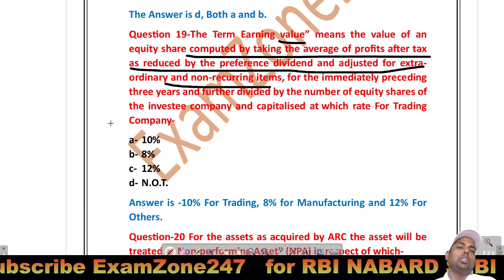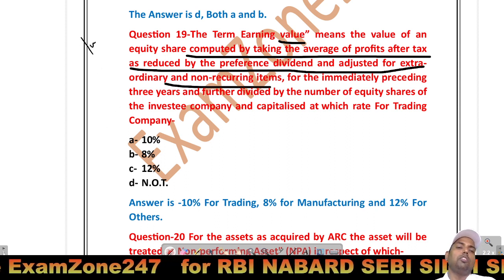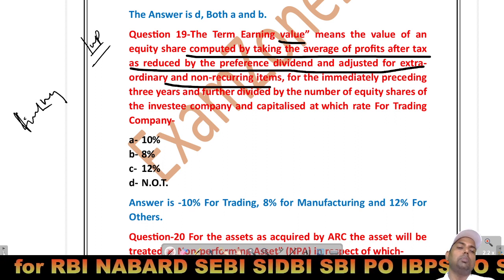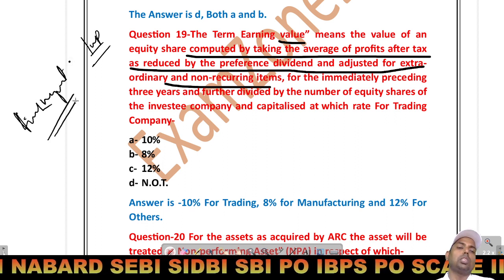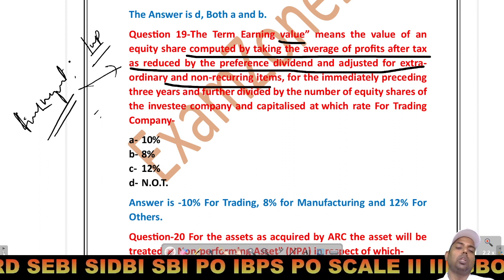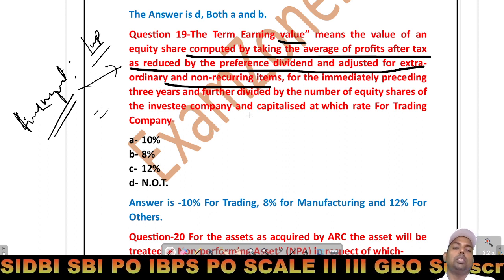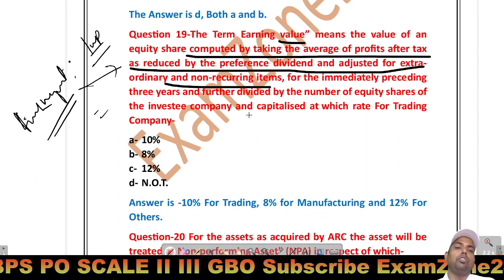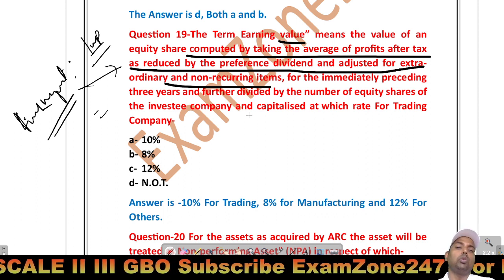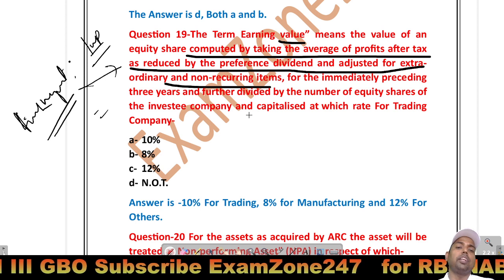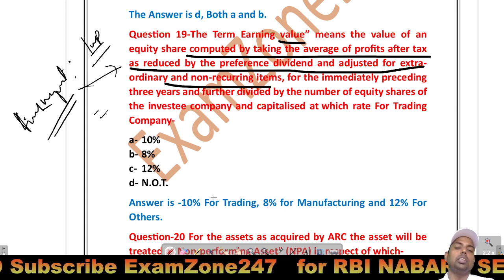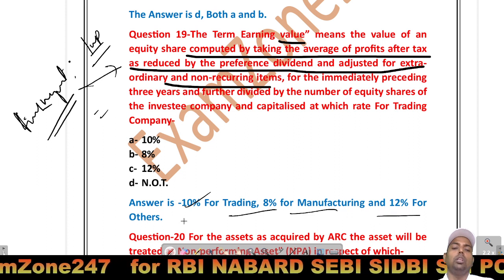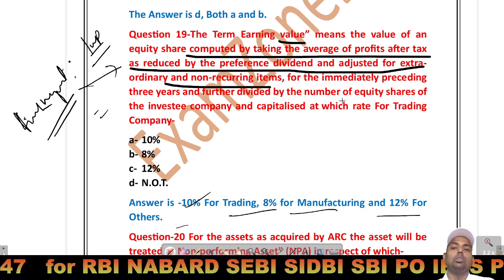Note that this question is not very important, but if you are going for risk officer, then this is very important. Okay, what does earning value mean? If it is adjusted for a share computed by taking average of profits after tax, the answer is 10%. For trading, it is 8%, and for others 12%.